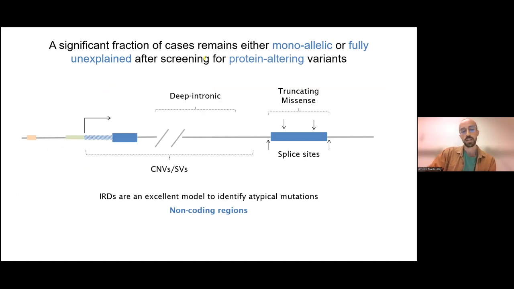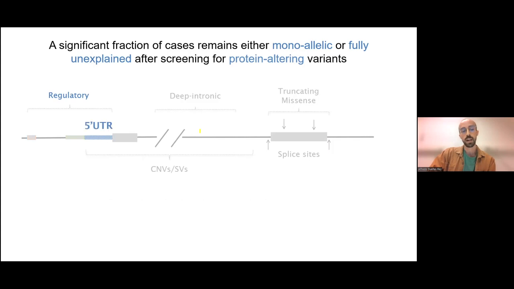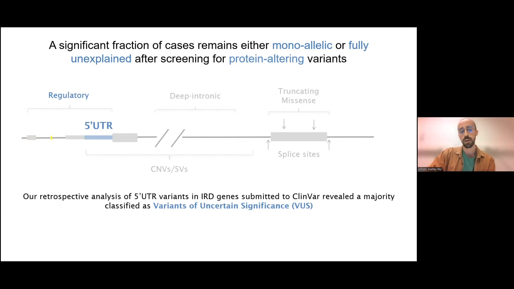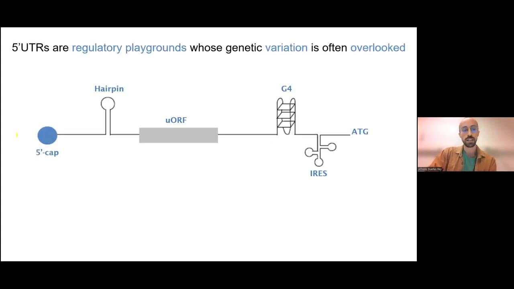So far, most of the attention has been put on deep intronic variants with an effect on splicing and to a minor extent to regulatory variants, and in particular to variants within the 5' untranslated regions, for which most of the variants that have been submitted to clinical databases are classified as variants of uncertain significance. But why 5' UTR variants after all?